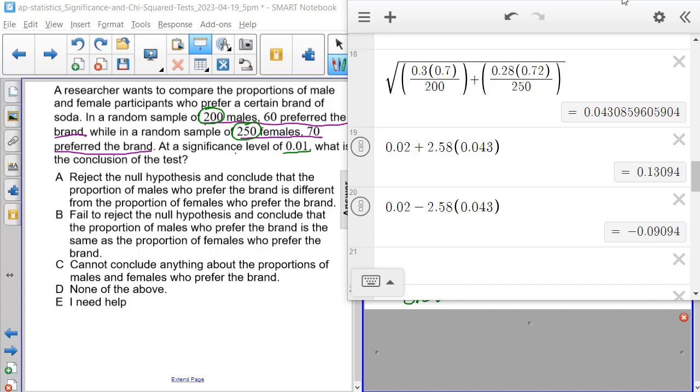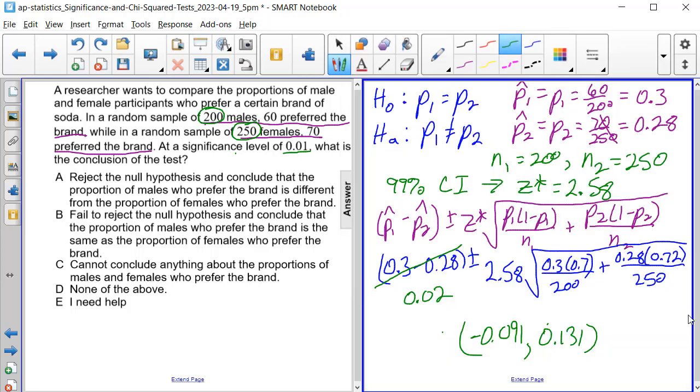And if we add 2 and 58 hundredths times 43 thousandths to 2 hundredths, we get about 131 thousandths. And when we do the subtraction, we get about negative 91 thousandths. So that makes the confidence interval become negative 91 thousandths to 131 thousandths.